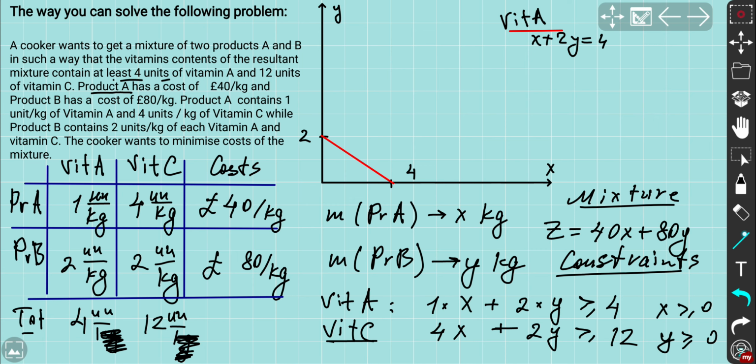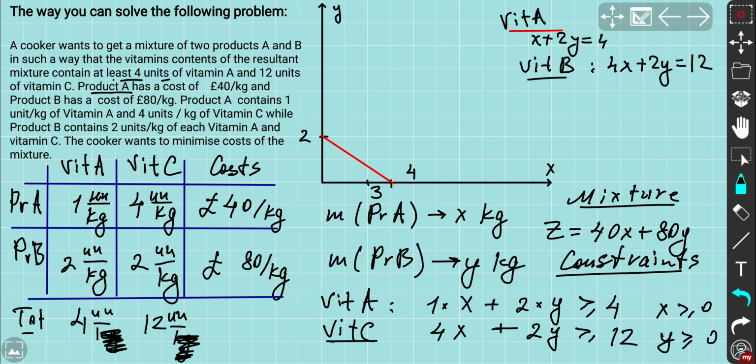Okay, so we got it. Now we are going to set up another line for vitamin C, which is 4x plus 2y equals 12. If y is 0, we find the x-intercept.